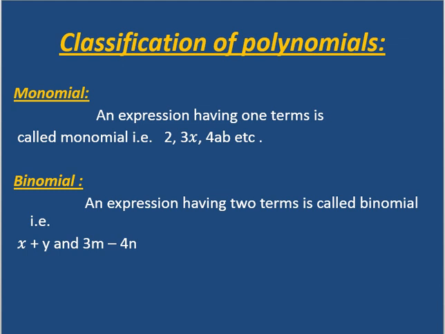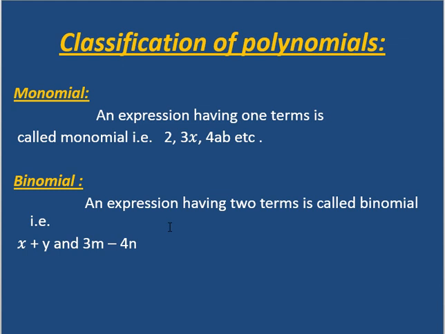Classification of polynomial. Monomial. An expression having one term is called a monomial. Example: 2, 3x, 4ab, etc. You can see all these are a single term, or one term, so it is called a monomial. Binomial.